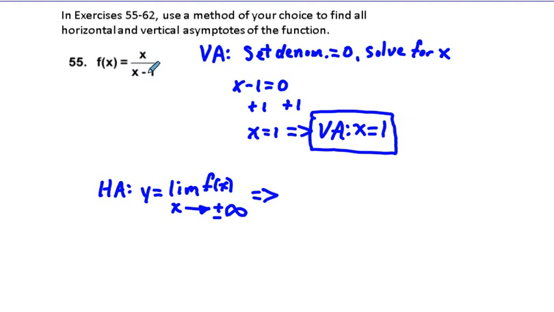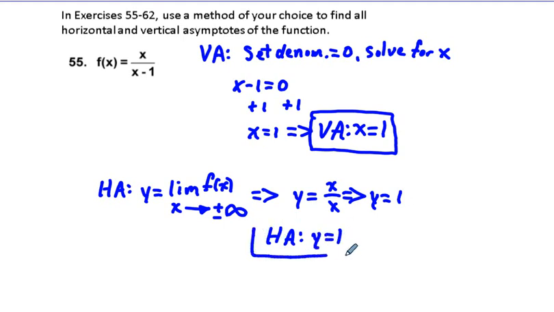So this minus 1, which would be 1x to the 0 power, we ignore that. So what we're going to get is y is equal to x over x, which simplifies to y is equal to 1. So our horizontal asymptote here is going to be y is equal to 1. And graphically we're going to show you what that looks like.